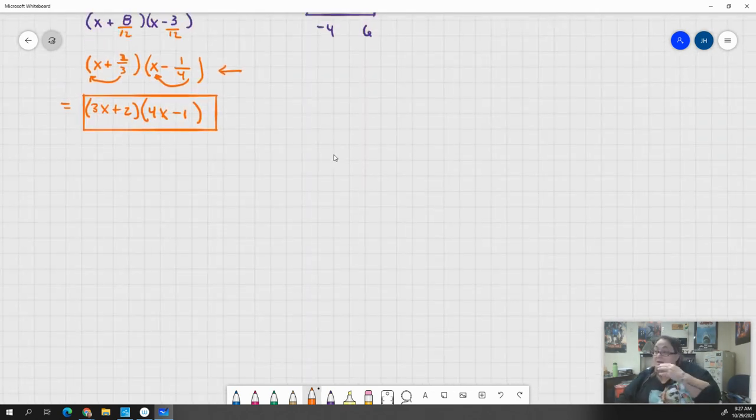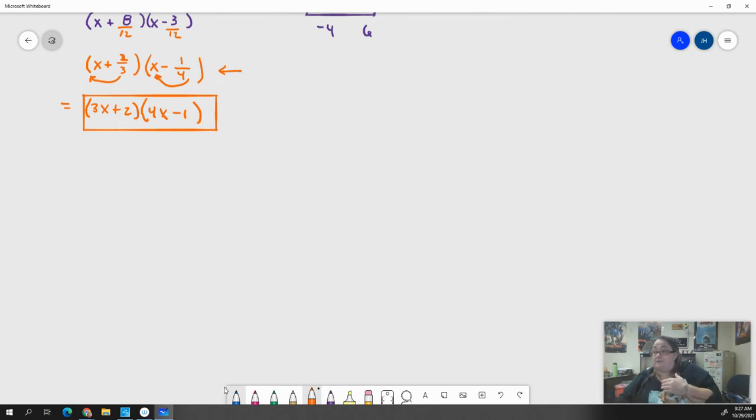What we're going to talk about right now is the difference of squares. And difference of squares is easy once you understand the concept of it. And we're going to kind of throw that whole ax squared plus bx minus c out the window a little bit, because a and b are going to be a little different for us right now.